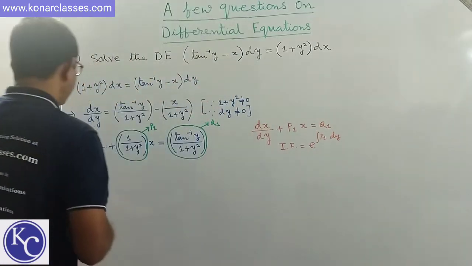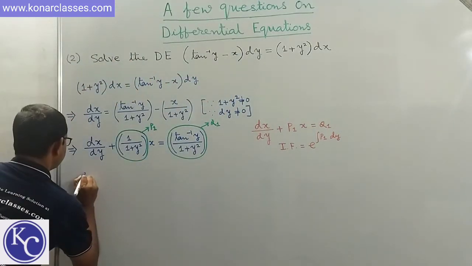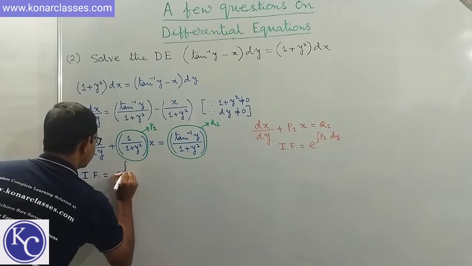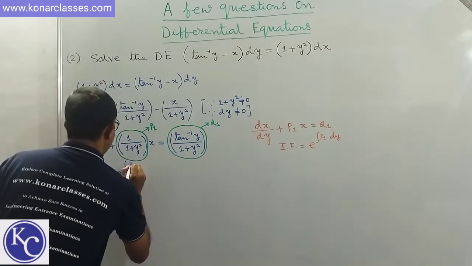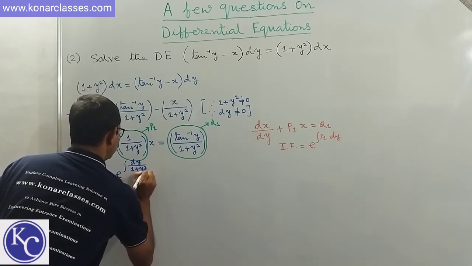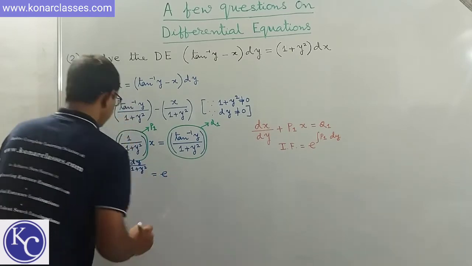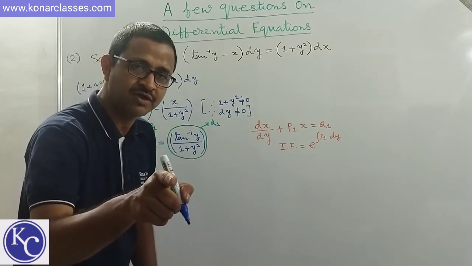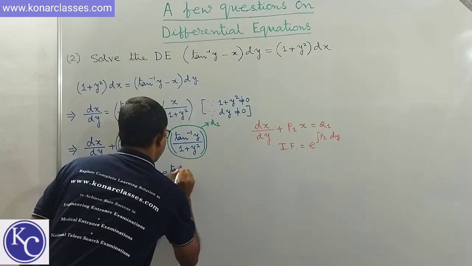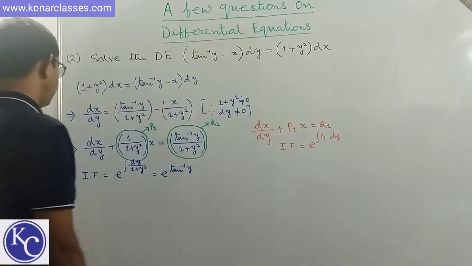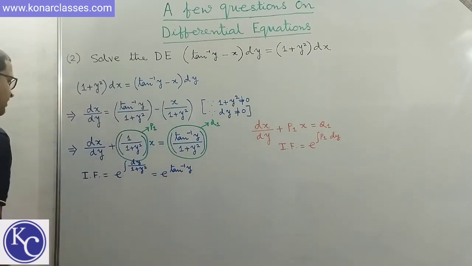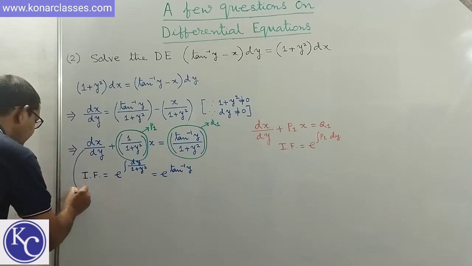So now what do we get as the integrating factor here, dear students? We get the integrating factor as e power integration p1 dy, that means dy divided by 1 plus y square, that is equal to e power integration dy by 1 plus y square, that is tan inverse y. So e power tan inverse y. Now, as we get the integrating factor as e power tan inverse y, what is the solution of this differential equation?